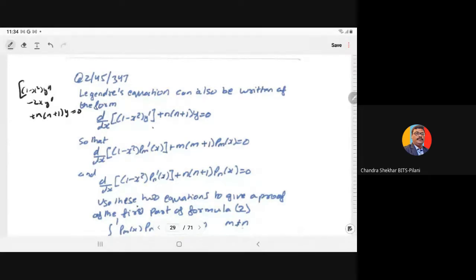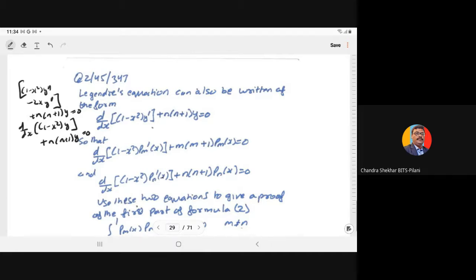This expression can also be written as d/dx of ((1 − x²)y') plus n(n + 1)y equal to 0.